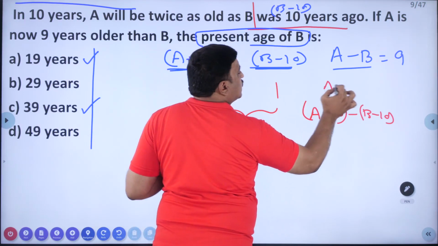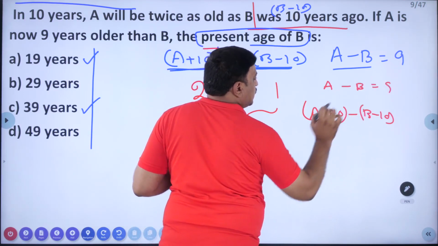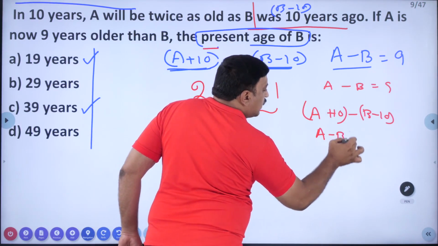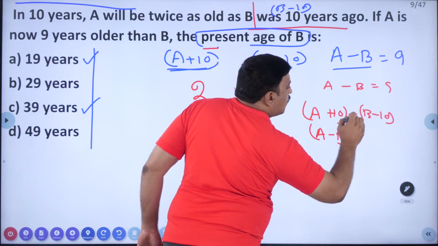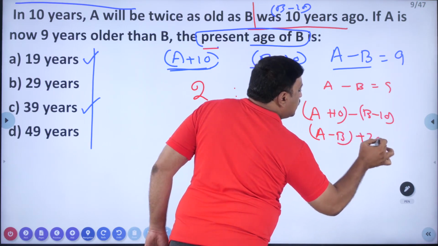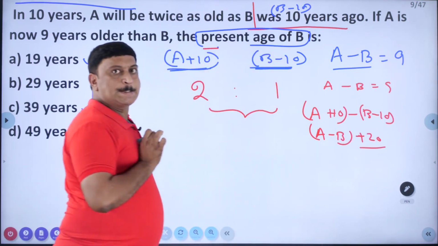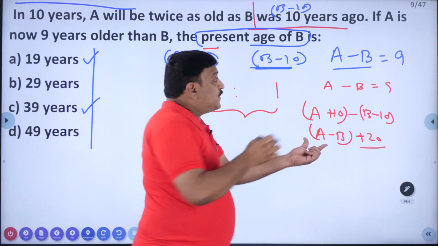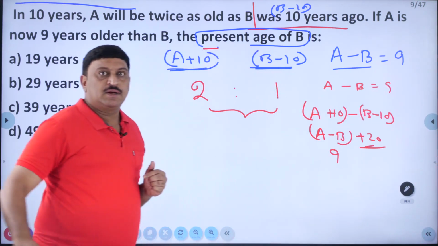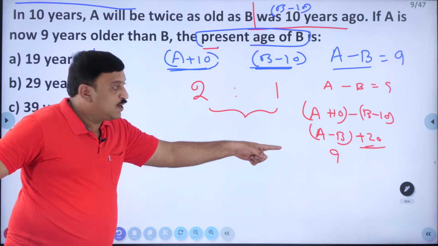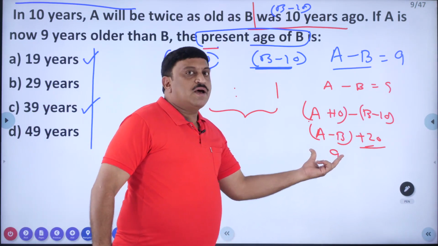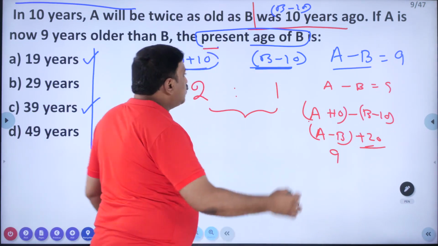A minus B is 9 years. If you take this one, it is A minus B, and 10 minus of minus 10 is what? It is 20. So it is A minus B plus 20. But already A minus B is 9. So if we take the difference of these two, the difference is 29 years.